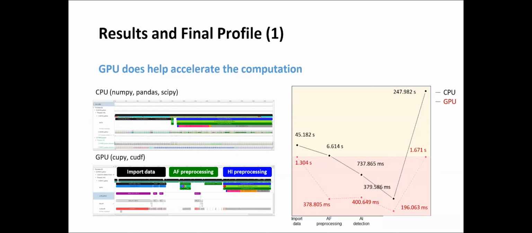On the right-hand side, you can see that at different stages of the data processing, the red dotted line is the time we spend on the GPU, in contrast to the black one, which represents the calculation time on CPU. So you can see that using the GPU indeed helps to accelerate the computation.